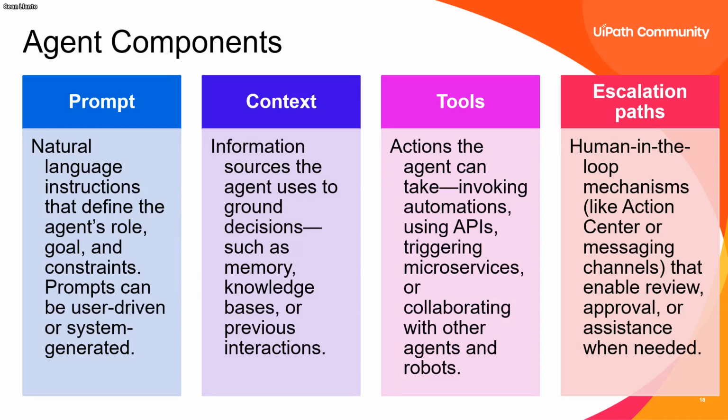It can be APIs, it can be microservices being triggered, or you can collaborate with other agents as well, even ones built on another solution. And of course, escalation paths. This is where human in the loop comes in, and human in the loop has played a very crucial role in our automation initiatives ever since document understanding. So you can have escalations with human in the loop through apps with the agent itself.